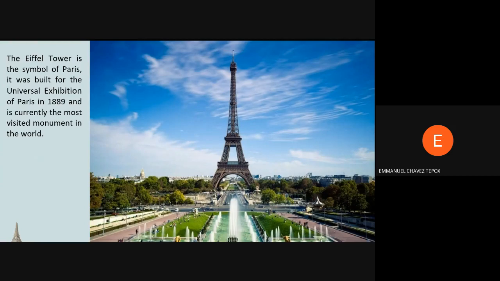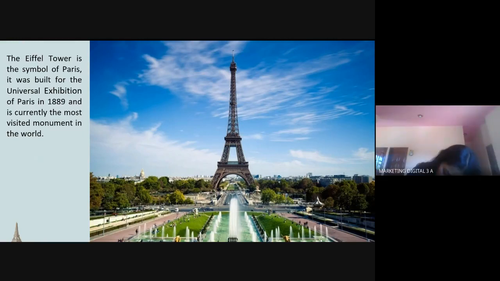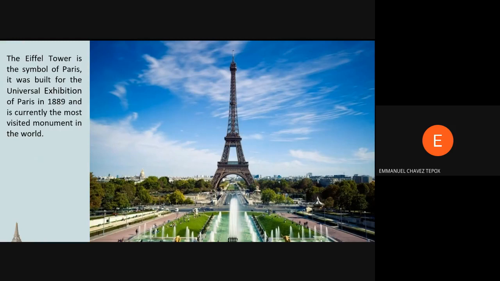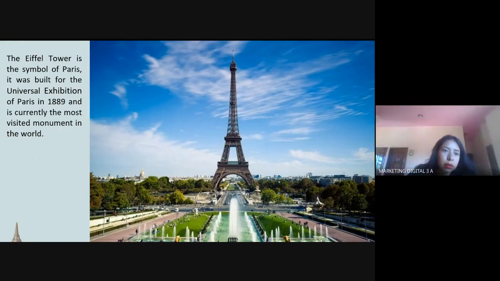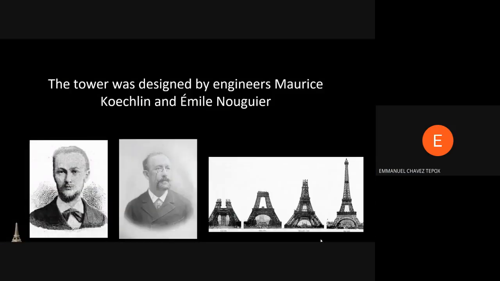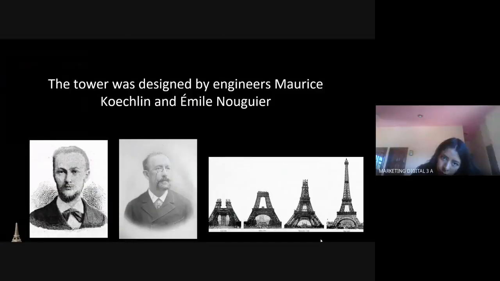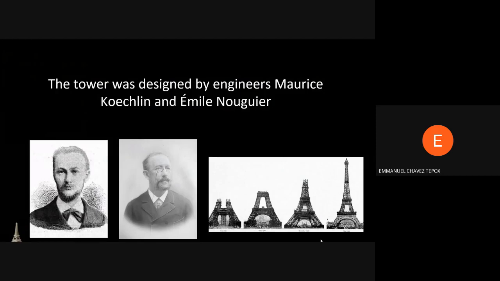It was created in 1989 and is one of the most visited monuments in the world. Next. The tower was designed by engineers Maurice Kochery and Emily Noyer.